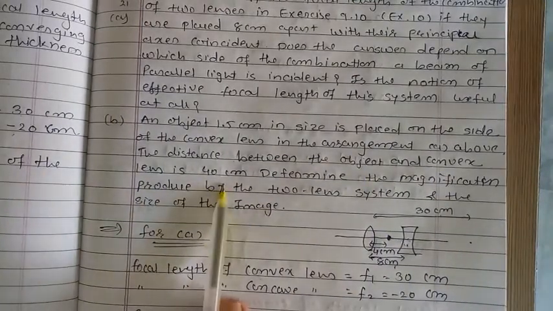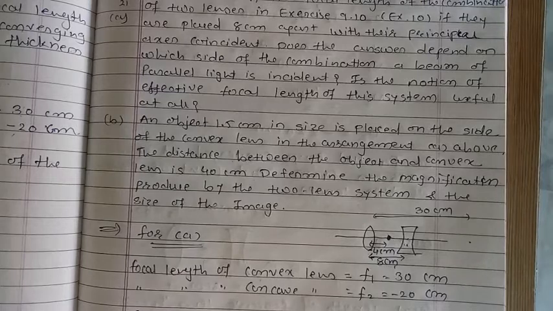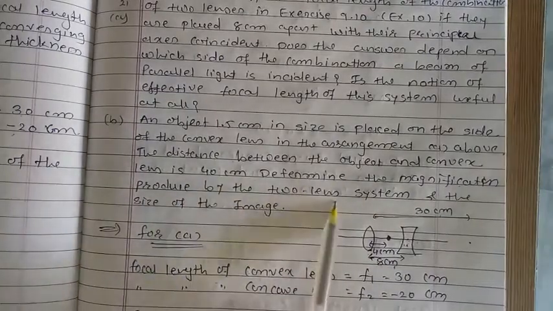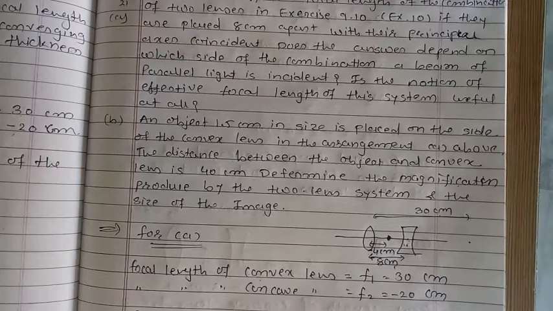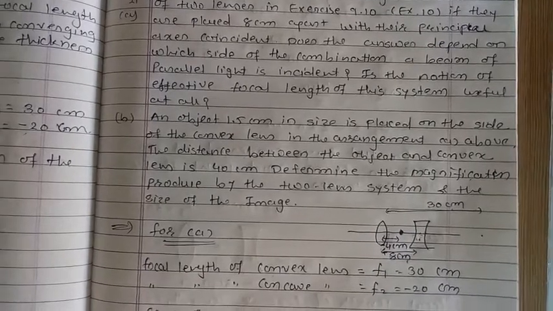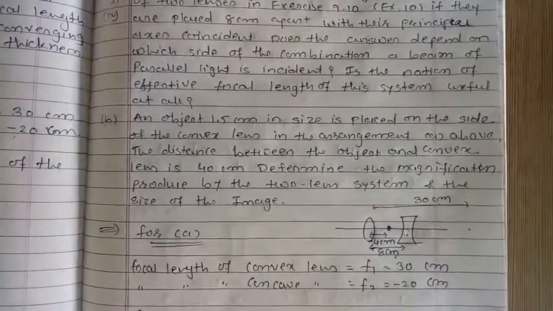So object distance is given, so u is 40 centimeter, but left hand side, so minus 40 centimeter. So determine the magnification produced by the two lenses of the system and the size of the image. So we have to find out the magnification of two lenses and also we have to find out the size of the image, right?